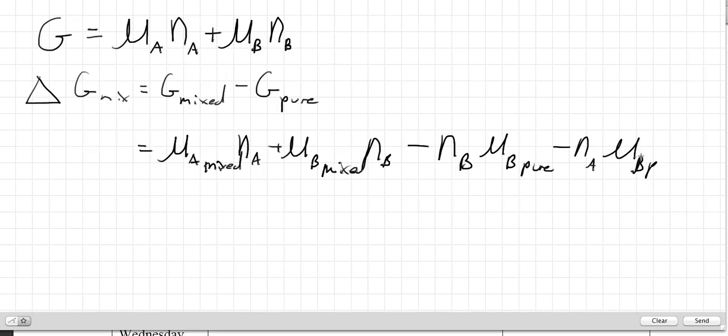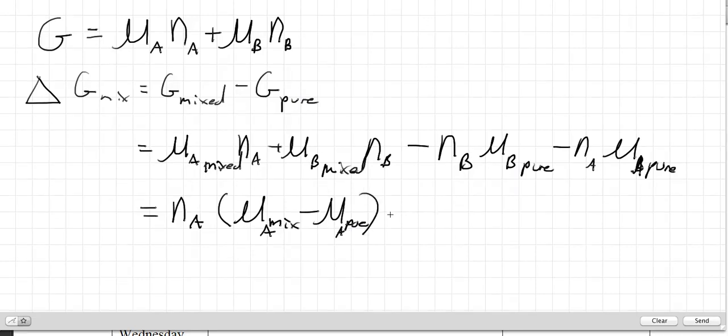Oops, this is supposed to be A in the A term now. And we can simplify that a little bit by just pulling out the n's, right? So we have the number of moles of A, and then we just have mu mixed minus mu pure for A, and then we have a similar term for B, right? So just the amount of stuff you have, and then how much the chemical potential changed.